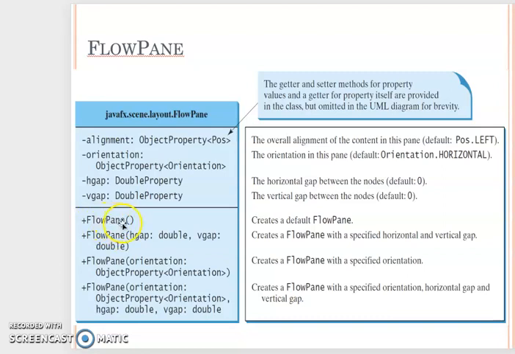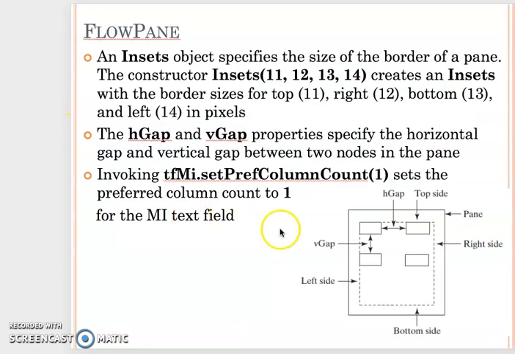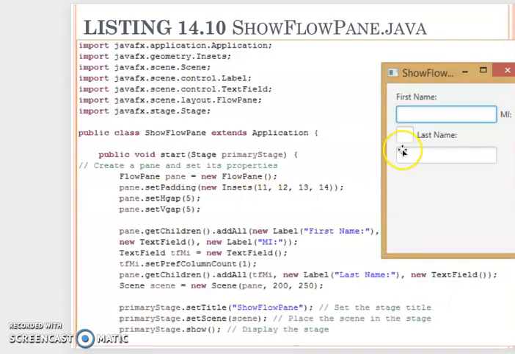After you have your FlowPane, whenever you add a new component, they just follow one after the other. For example, we see here, your FlowPane, you can set the boundary for your scene. For example, I want the user to enter their first name, middle name, and last name.